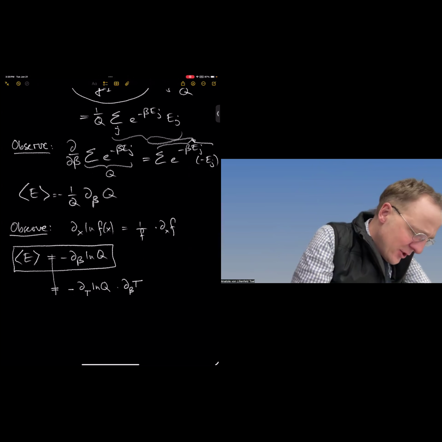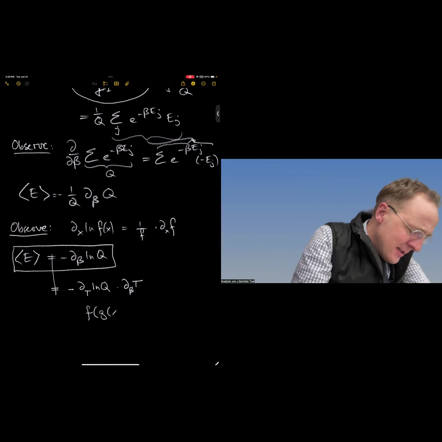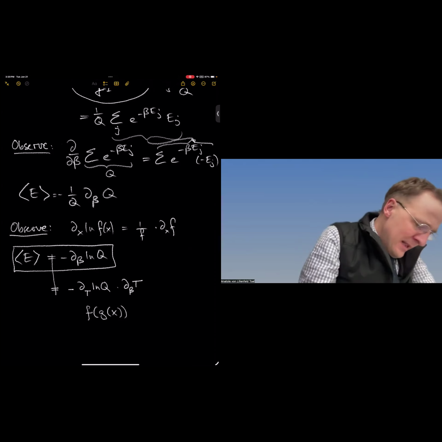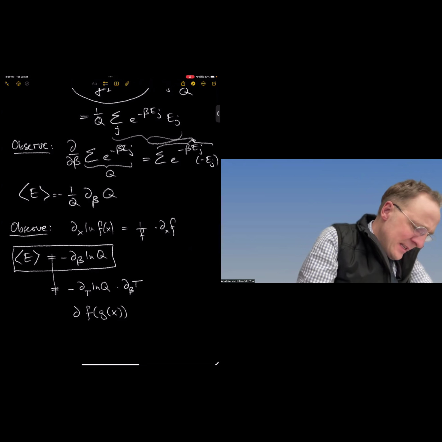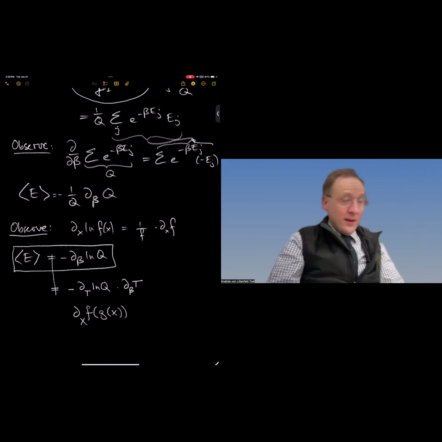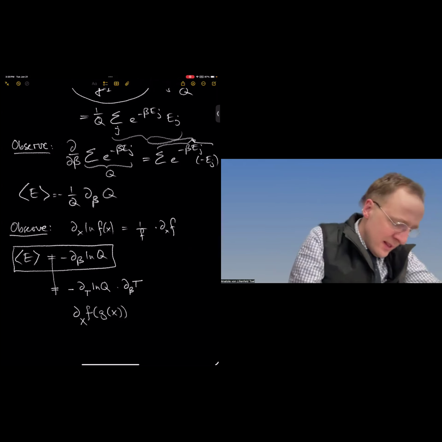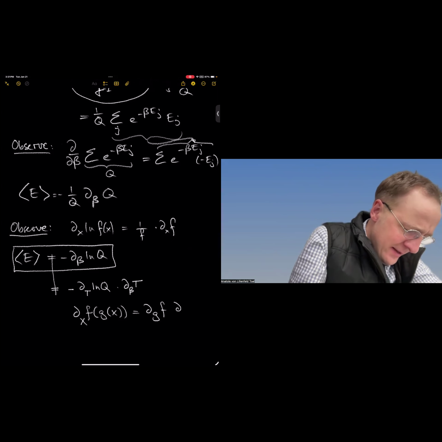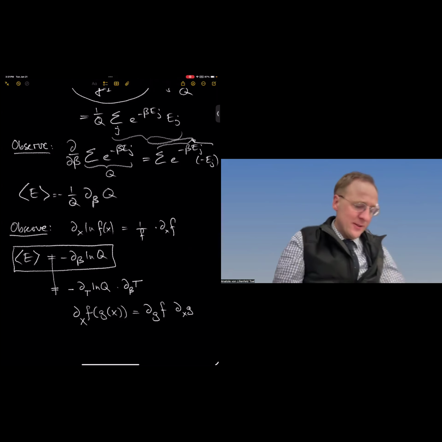So if you don't recall, if I have some function f that depends on some other function g that depends on my variable x, and I'm interested in its derivative, I can simply first differentiate f with respect to g, and then I differentiate g with respect to x, right?